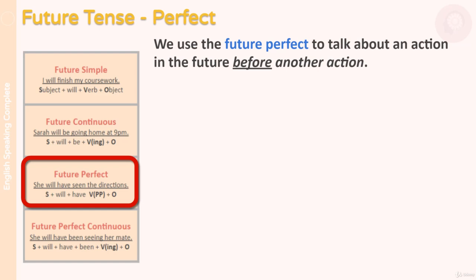But the examples we're going to look at today, I will show with two definite actions that I will sort of discuss in the examples. Okay, so quite straightforward. Subject plus will plus have plus the past participle, verb 3.